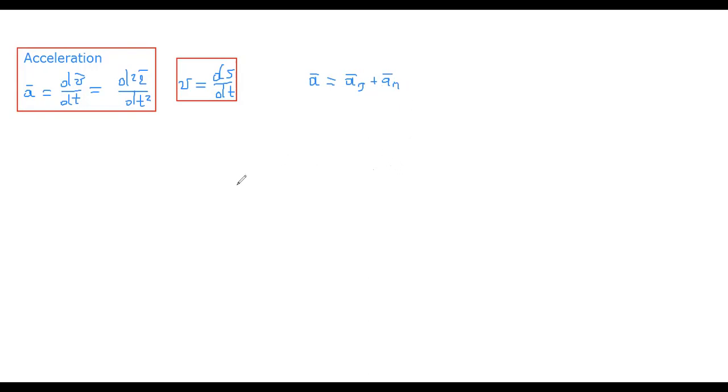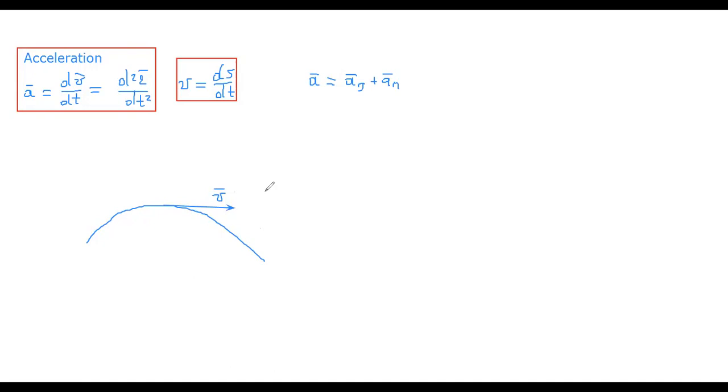What do I mean? I'll try to draw some pictures. This is the trajectory. Velocity of a material point is always tangential to the trajectory.